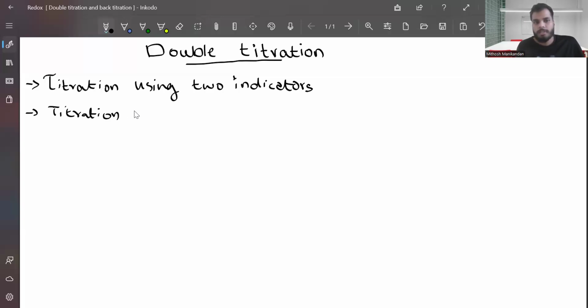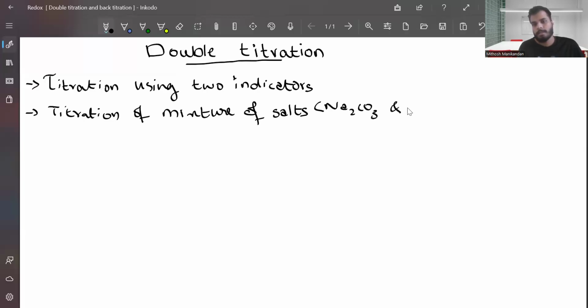So titration of a mixture of salts, mainly Na2CO3 and NaHCO3. Sometimes we will add NaOH into it, but that is something we already know, strong acid and strong base.